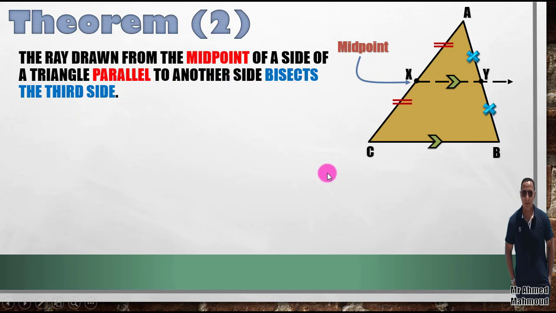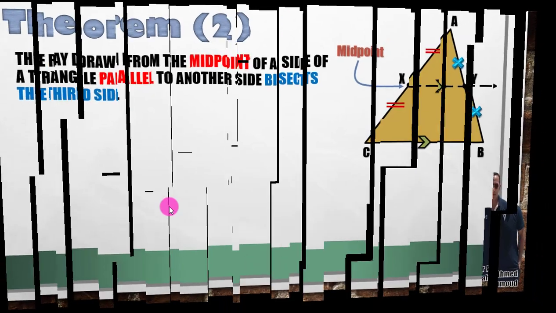So we have here four items: the midpoint X, the parallel, and Y is a midpoint, and the fourth item we are going to explain in the next corollary.